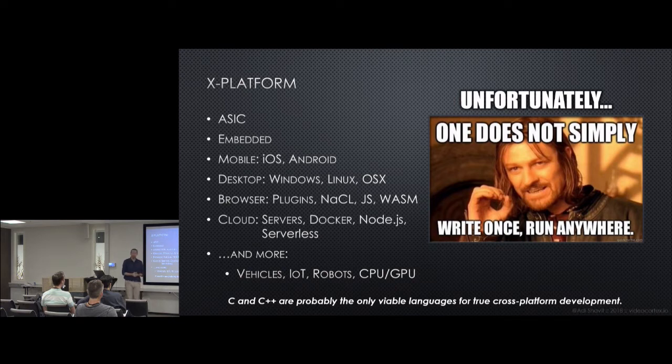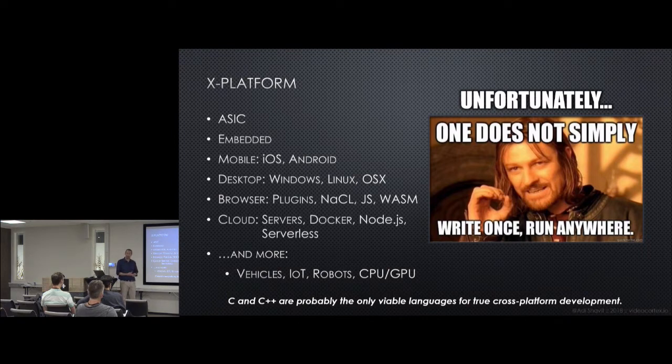Because there are many different interpretations of what this might mean, and there are many different target platforms that one might have to target with the same app or similar functionality. If we go to the lowest level, we can think about custom hardware, custom chips like ASIC chips, and then when we start going higher, we get to embedded systems and mobile systems where we have multiple different operating systems, different chips, different types of processor architectures.